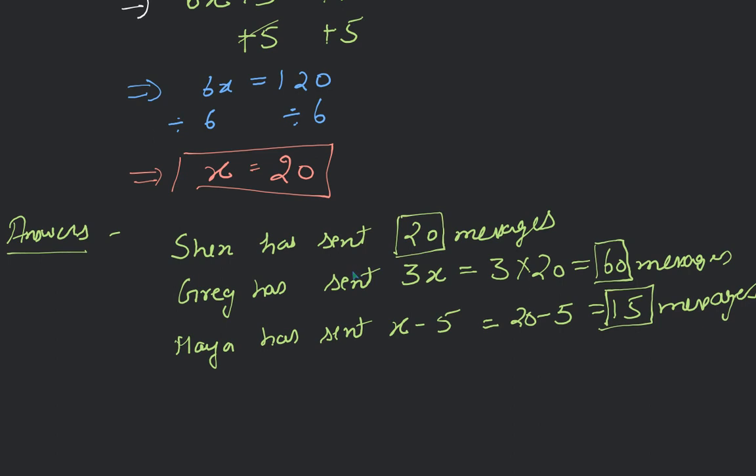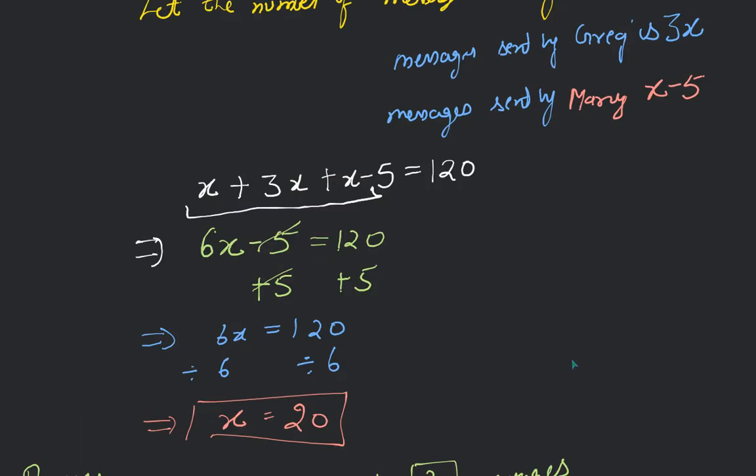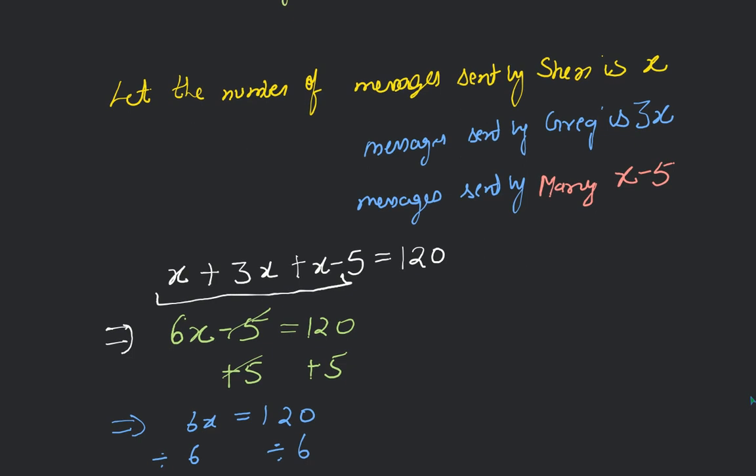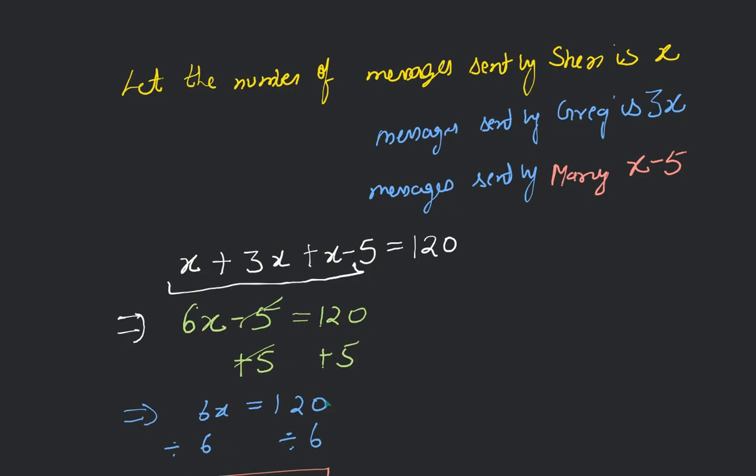Okay, so I think that should give us the value equal to 120. Let me check it, where we might have done a wrong calculation. So it is x, this is 3 times x, and Mary has x minus 5. So x plus 3x plus x.